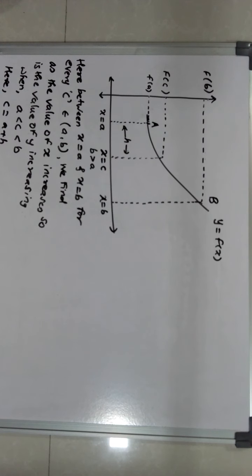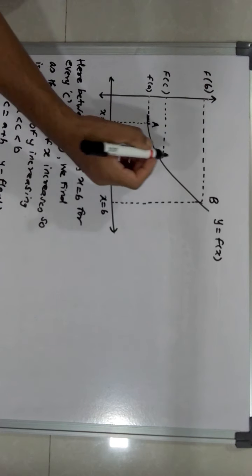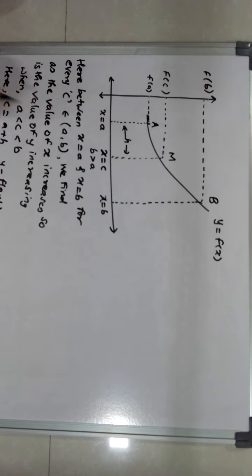The y coordinate over here will be f(a plus h). Let me call it y1. The coordinate of this point, suppose it is M, will be (a plus h, f(a plus h)).